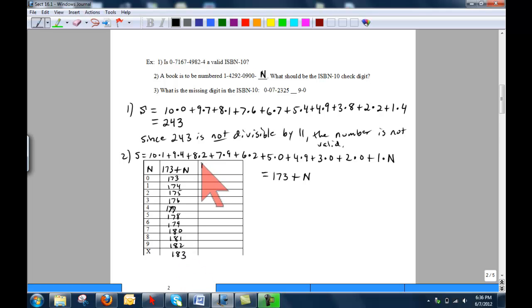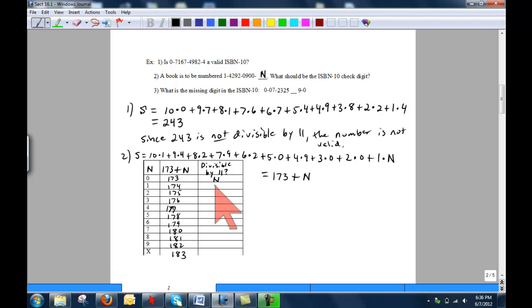And now let's check whether these are divisible by 11. So I'm just actually going through with the calculator, taking each of these numbers, dividing by 11, and seeing if the quotient is an integer, seeing if the division works out evenly.